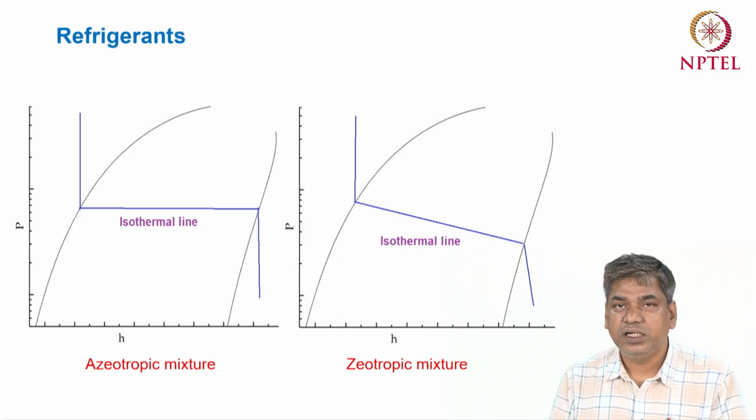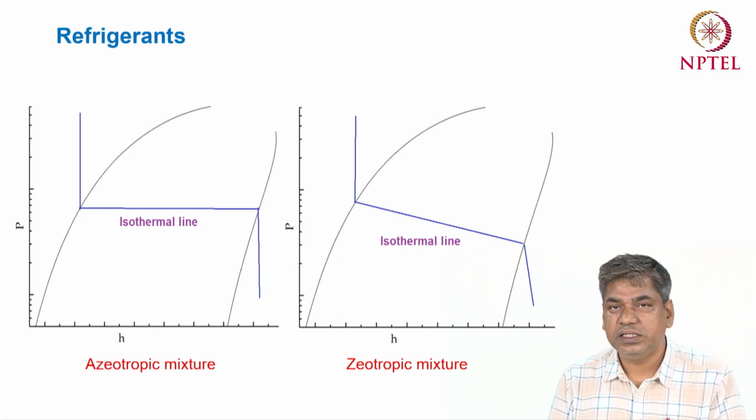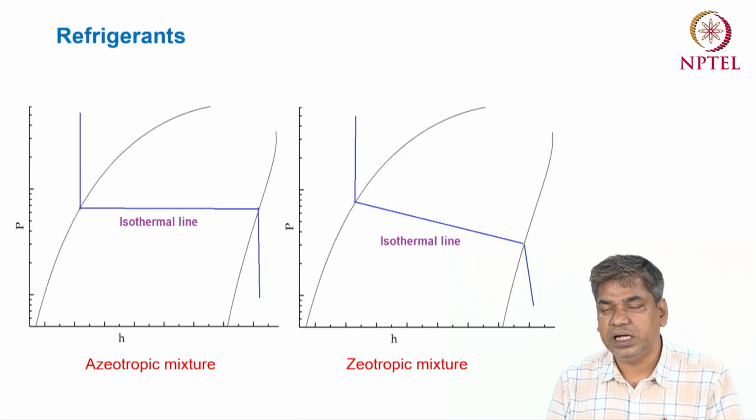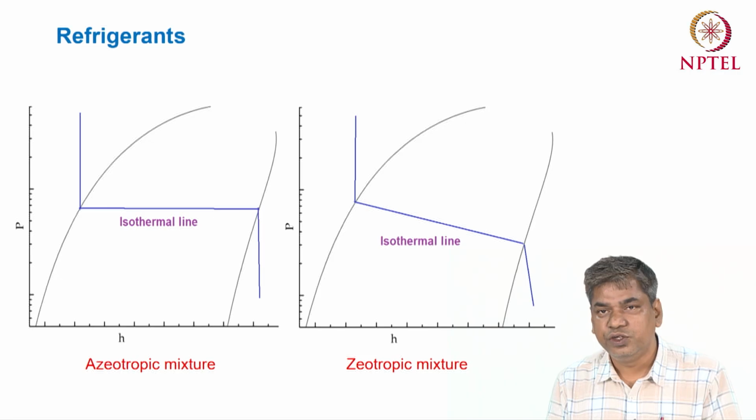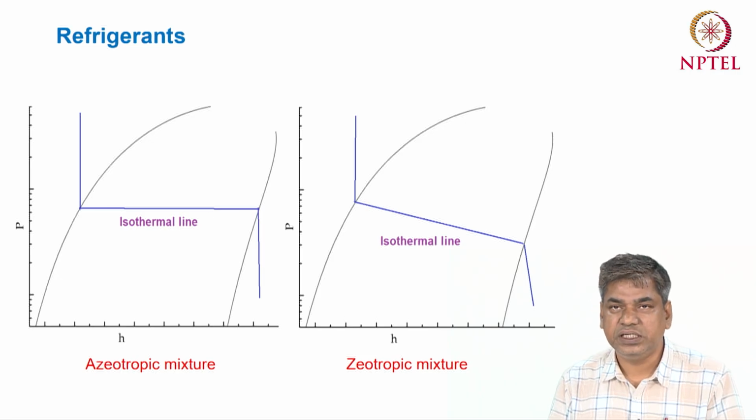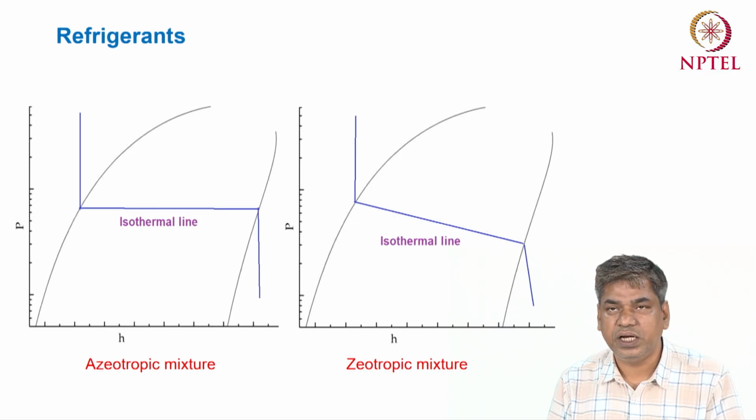Okay, so similarly we can also see the difference in the pressure-enthalpy plot for the azeotropic mixture and zeotropic mixture. The azeotropic mixture is basically just like a pure refrigerant. You can see that the constant temperature line, the isothermal line, behaves just like that of a pure refrigerant.